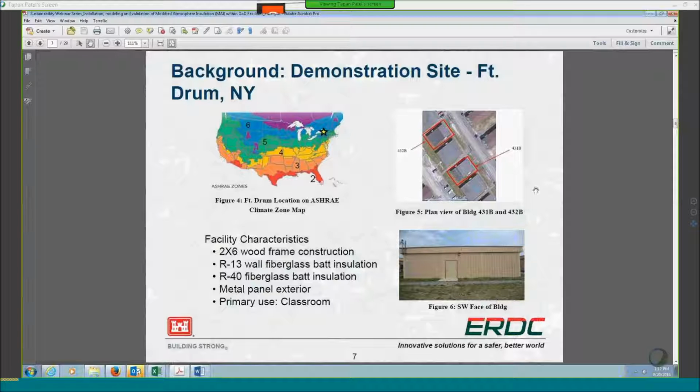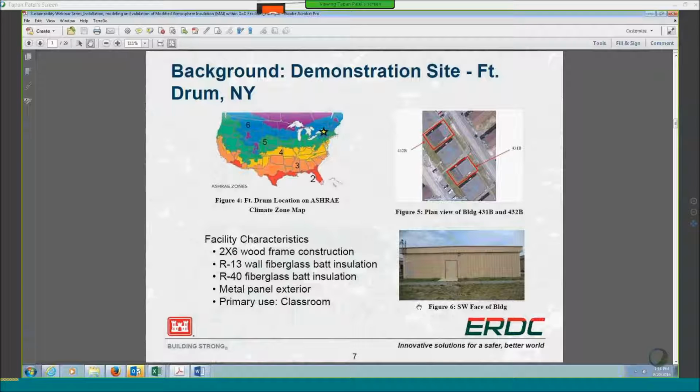The demonstration here, we had two facilities. Figure 5 here, they're very close to each other, very simple buildings, 2x6 construction, R13 in the walls, and R40 in the roof. And the reason we chose these buildings is they're very simple, as you can see in the picture here in Figure 6. This pretty simple rectangular building.